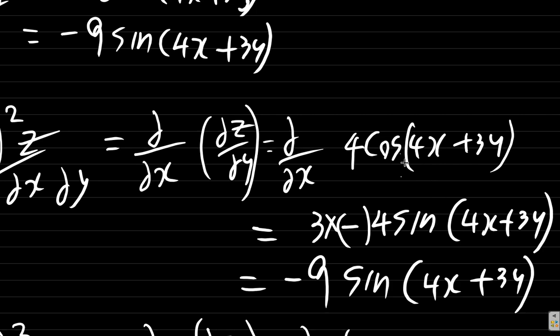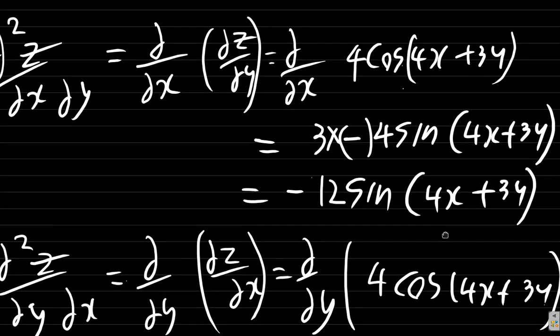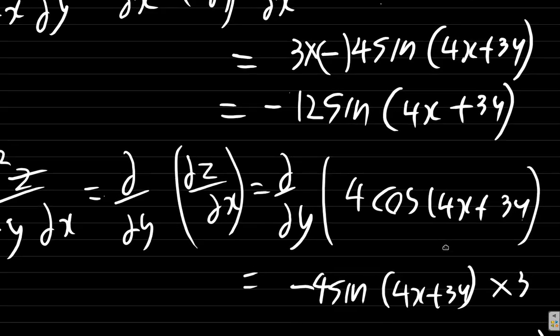When you differentiate cos, you get minus sine. Yeah, negative 4 sine of that thing, times, then you differentiate with respect to x, right? No, with respect to y, I mean. You differentiate with respect to y. So it's 3 times 4 sine 4x plus 3y. So, my mistake there. 3 times 4 is 12 sine 4x plus 3y. Alright. So that was my mistake there.